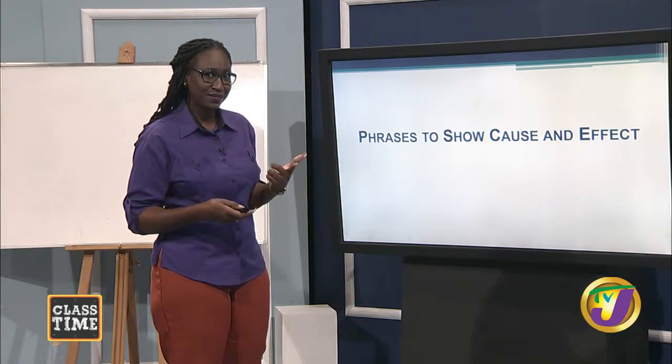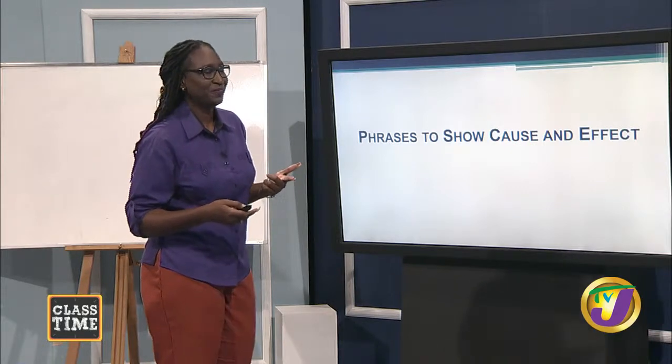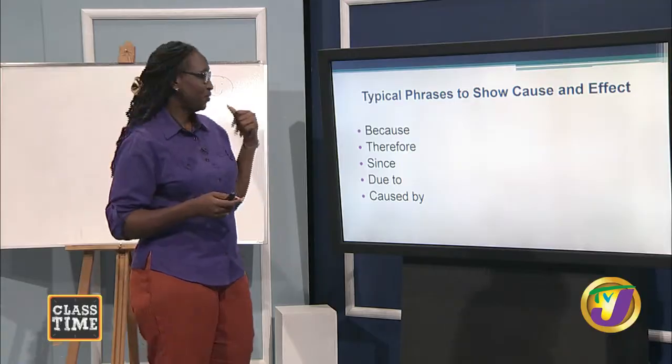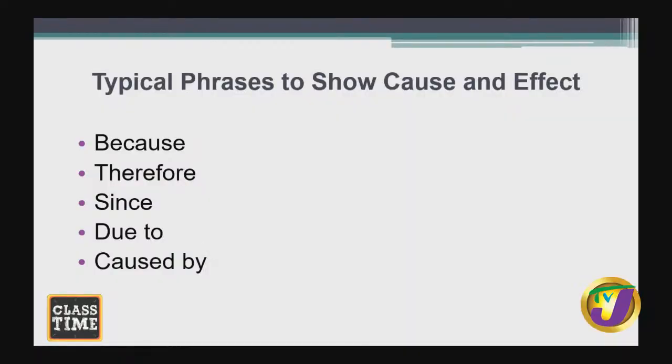You have a few ideas in mind? Sure you do. You have because, therefore, since, due to, and caused by. And you would have heard me say another one, as a result.